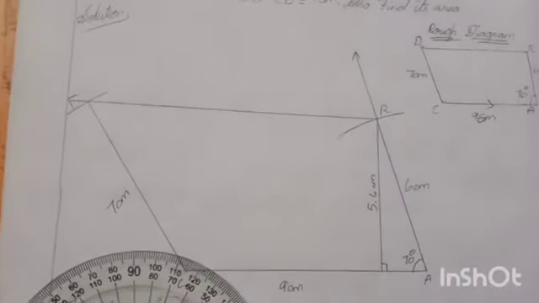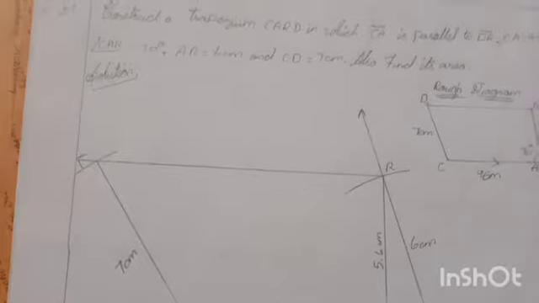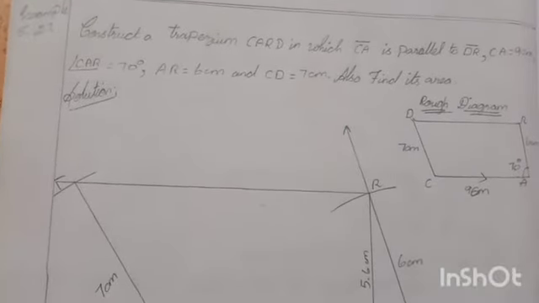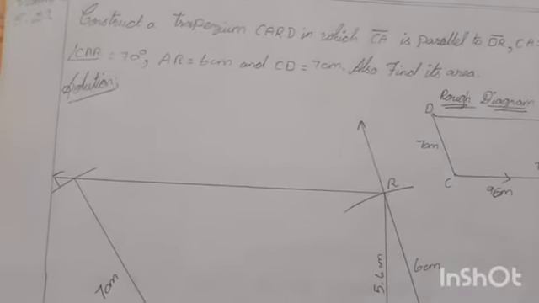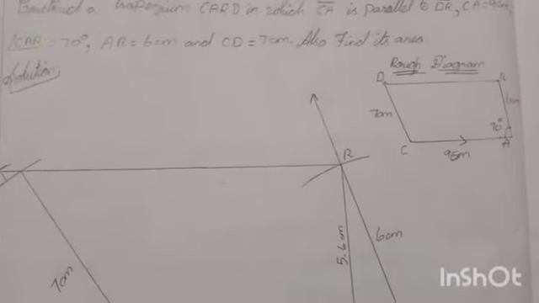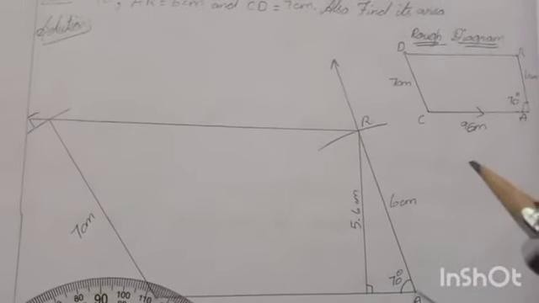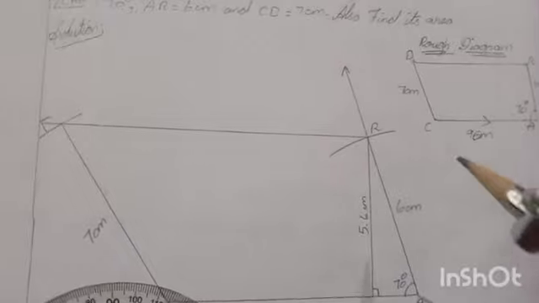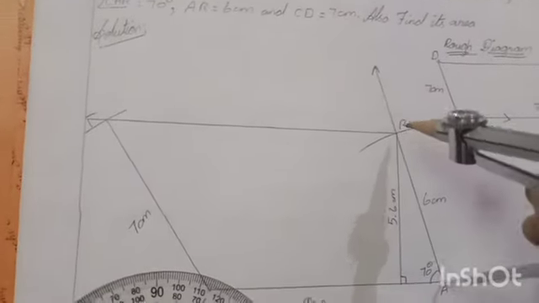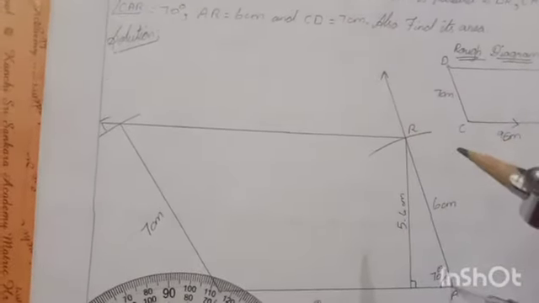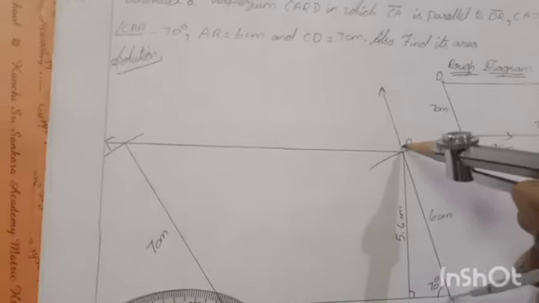After completing that ray, the given measurement is AR equal to 6 cm. You have to measure 6 cm. With A as center, draw an arc for 6 cm.